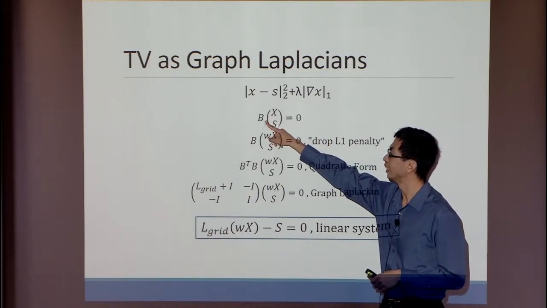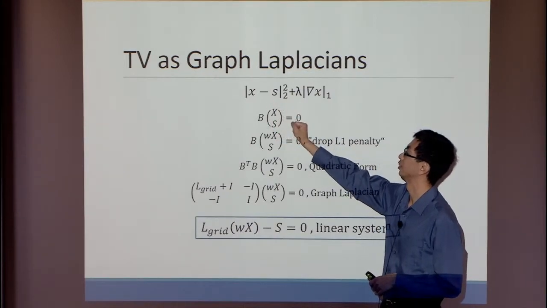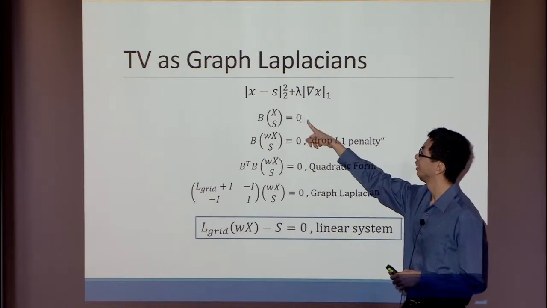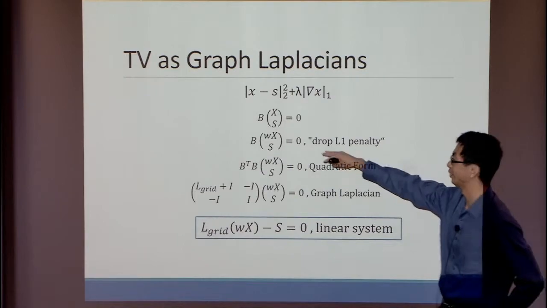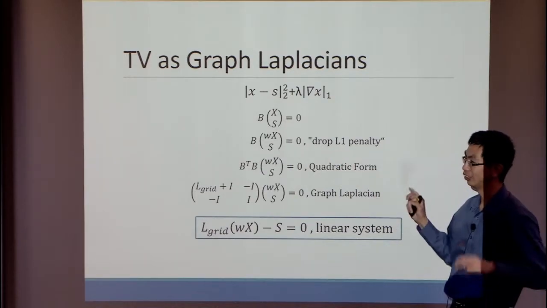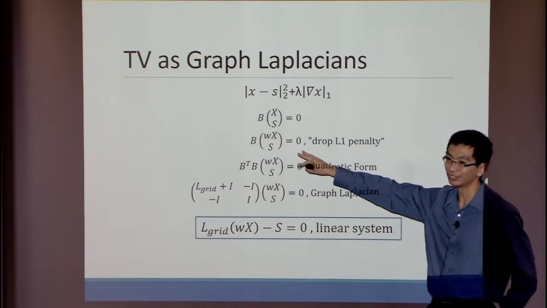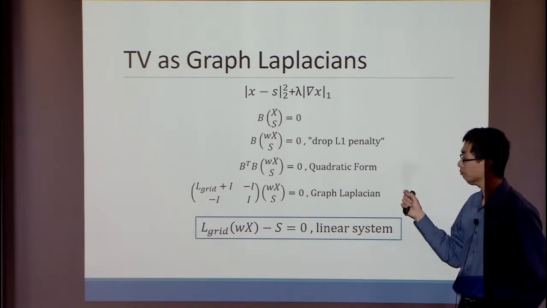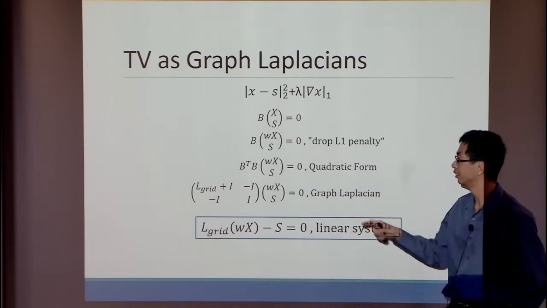And the edges that run from x to s, this term has to be small too, so it gets a boundary of 0. But you notice that something is wrong here, because I basically just wiped away the norms to jump to the next step. I dropped the L1 penalty, and I promise I'll put in a W such that these weighted vertices will get you the right answers. We'll see why later. And finally, we hit it by the transpose to form the Laplacian.